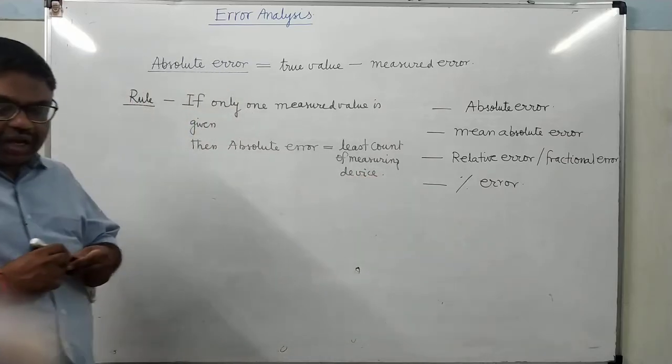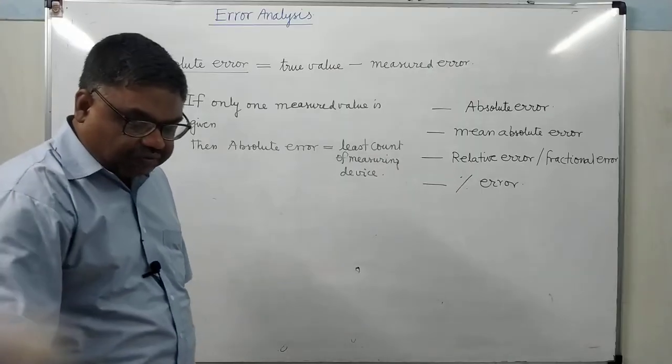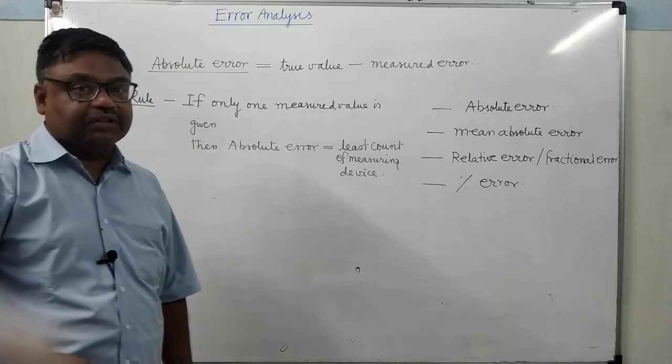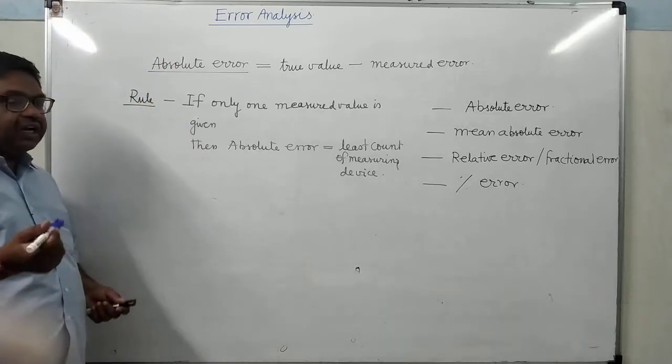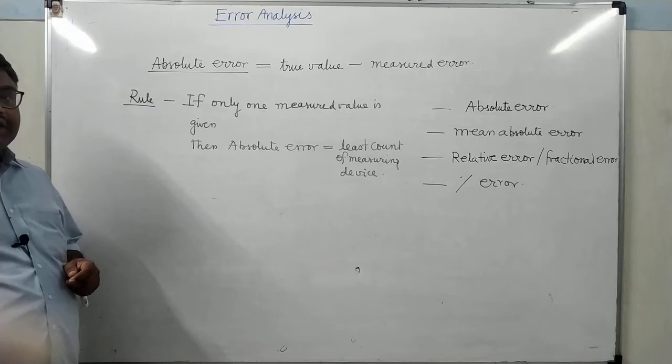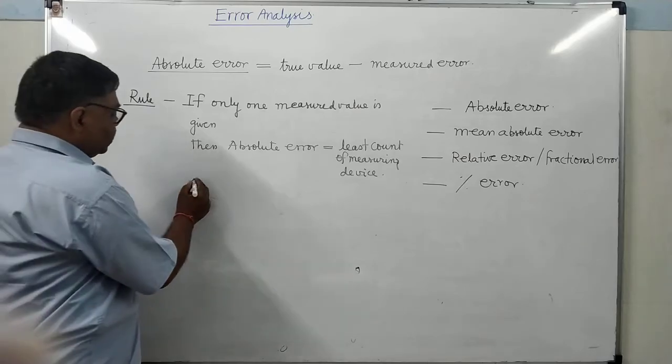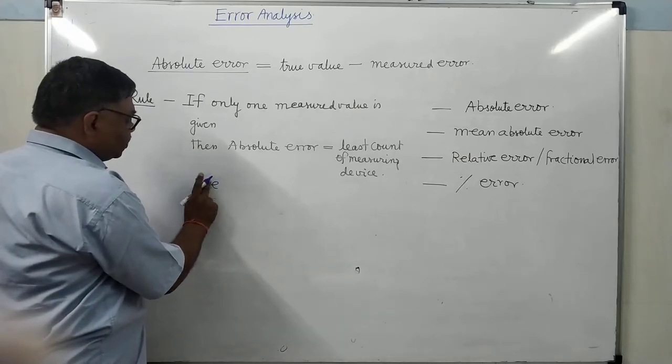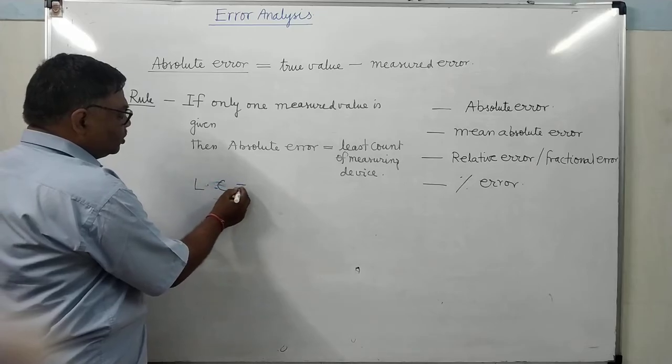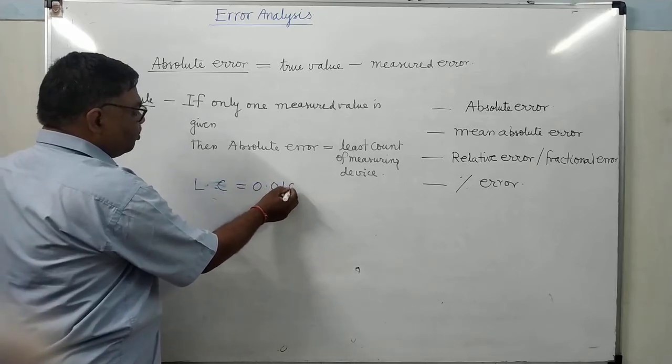For example, I have measured some length with the help of the vernier calipers. As we know, the vernier calipers which you use in the laboratory has a least count. The least count of that vernier calipers is 0.01 centimeter.